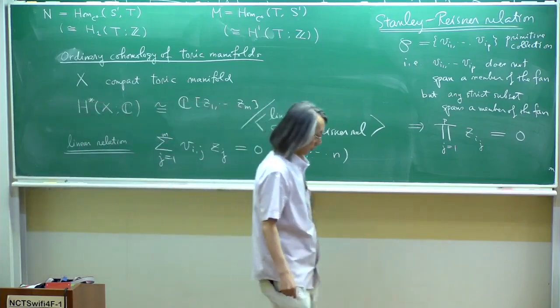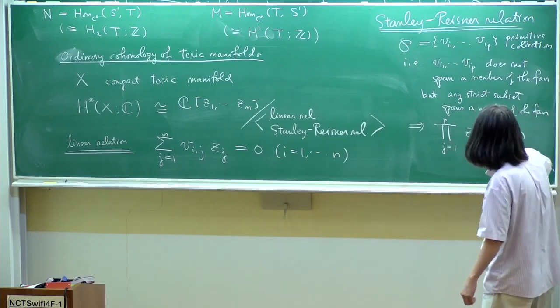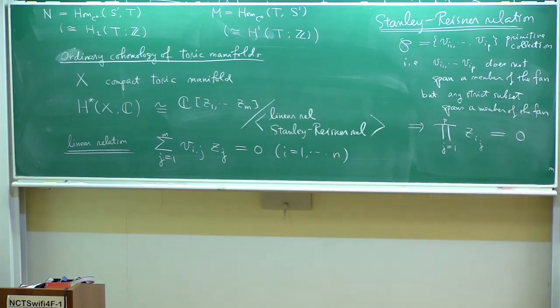Namely, this Z1 to Zm somehow corresponds to the so-called principal toric divisors, and this condition says that the corresponding primitive toric divisors have a common intersection that is actually empty.